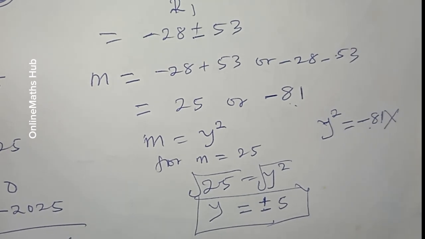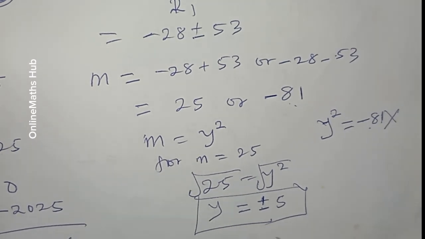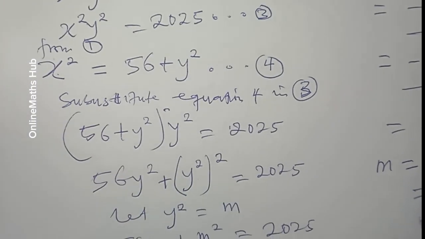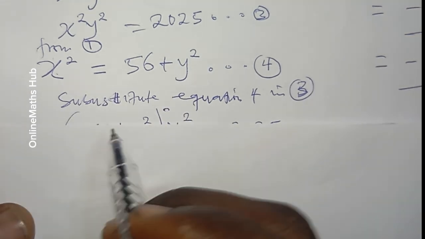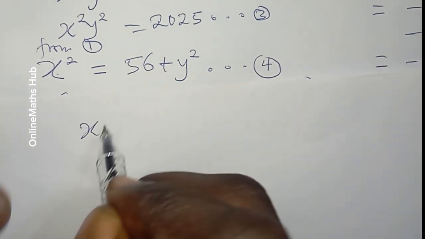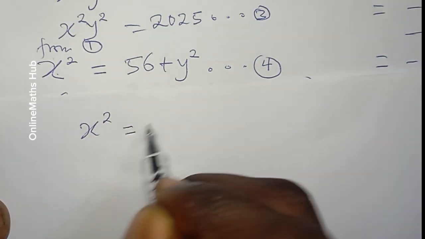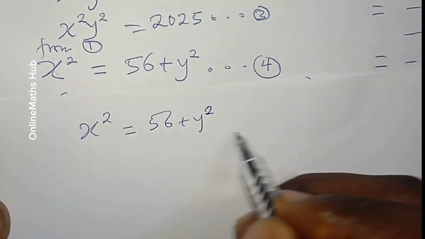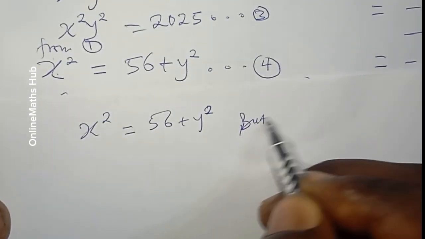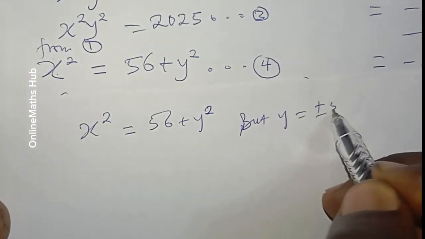Okay, so we can just go ahead and use this value right here, y equal to plus or minus 5, to substitute in equation 4 right here, so that we can get the value of x. And so doing that, what we have there is x squared is equal to 56 plus y squared. Okay, but our y is equal to plus or minus 5.